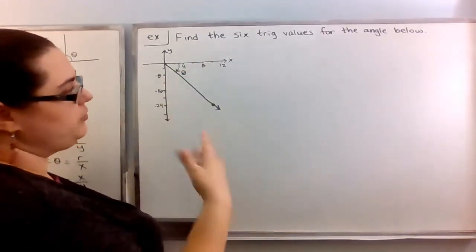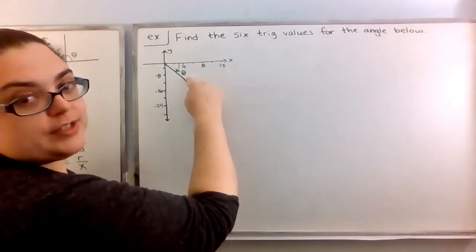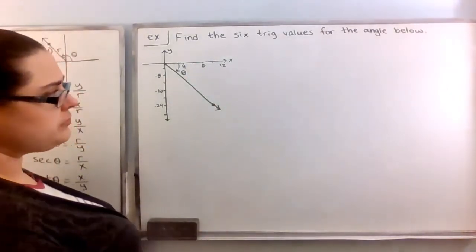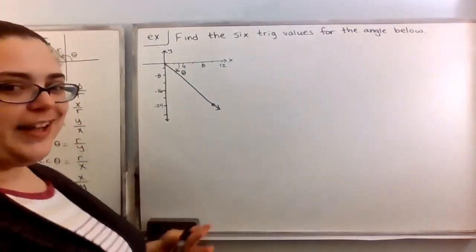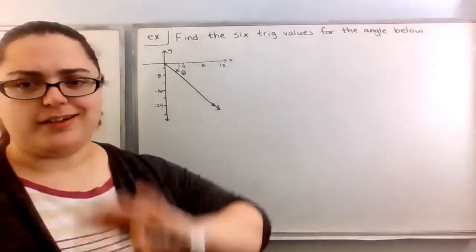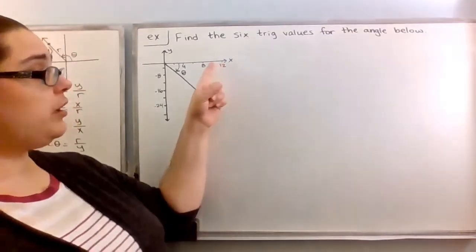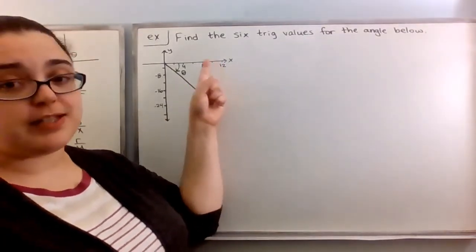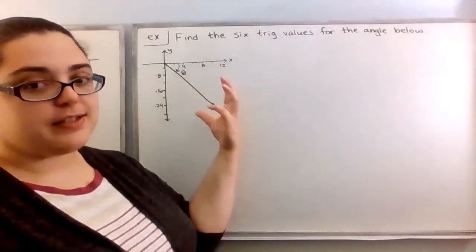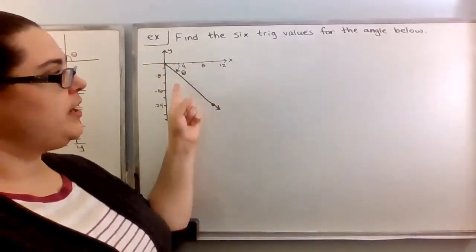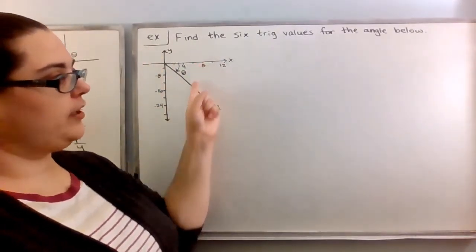For example, it could be like negative 50 degrees, something like that. We're going to get into finding the value of theta a little bit later. But just know that when you start your measurement of your angle, it's always from the positive x-axis, and a positive angle is going counterclockwise, and a negative angle is going clockwise.